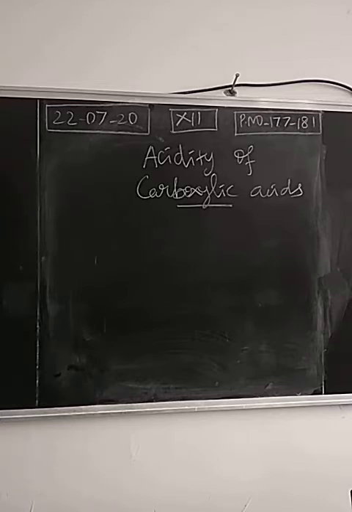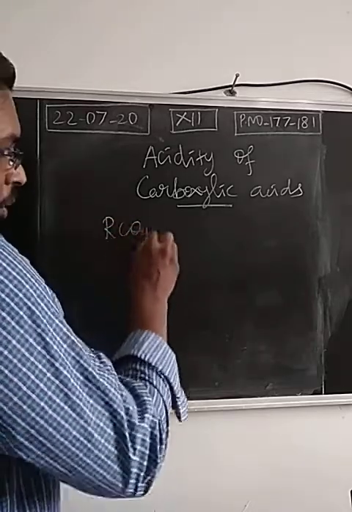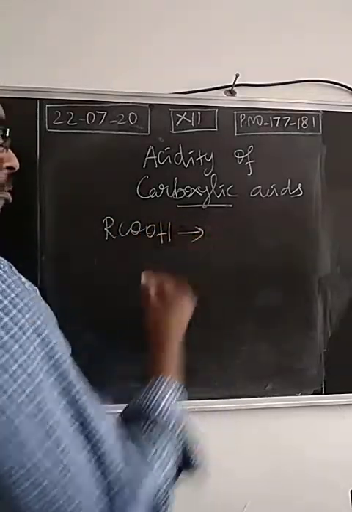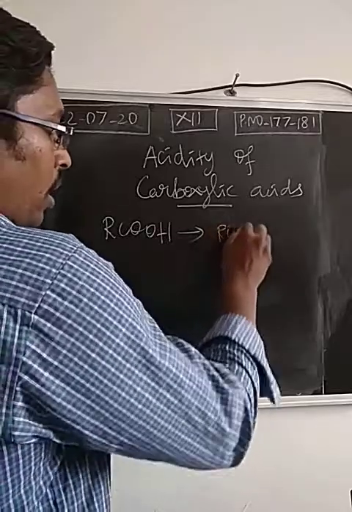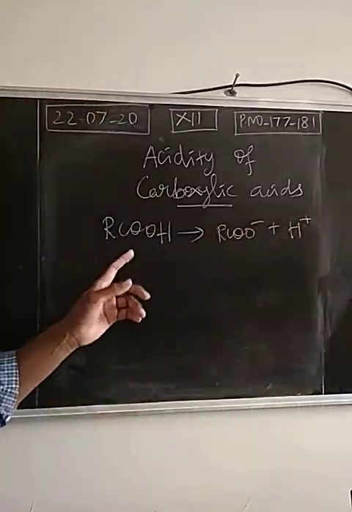According to the Arrhenius concept, what is an acid? An acid is defined as a substance which provides H+ ions in water. So if a substance provides H+ ions in water, it is called an acid. Now what about carboxylic acid?